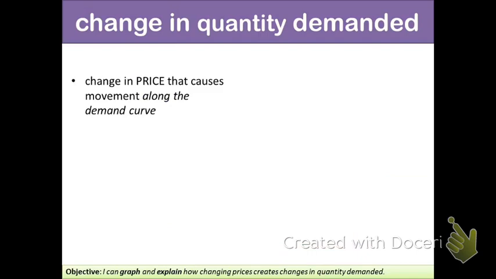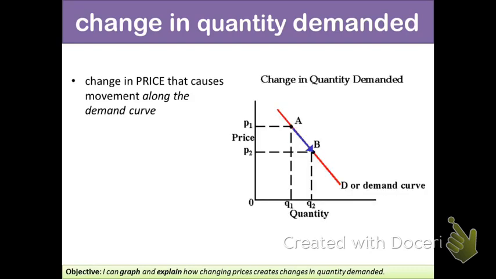And so a change in quantity demanded, a change in price, causes movement along the demand curve. We're not shifting the entire curve as we will be with other things. We're only moving on the curve, up or down on the curve. And here's what it looks like. If we start out with P1, which is going to be price 1, we're going to be at point A on the curve. And if we go down, we're going to be at Q1 or quantity 1. But if our price moves from P1 to P2, we would say that price decreases.